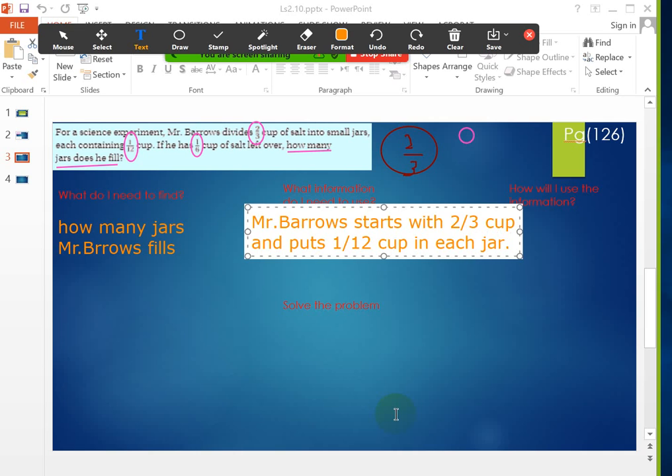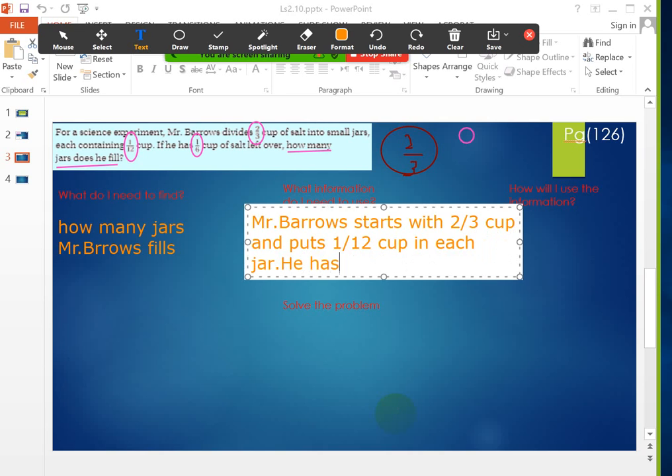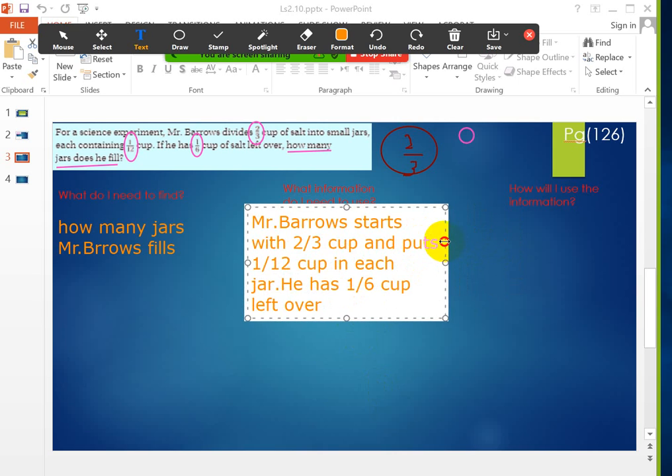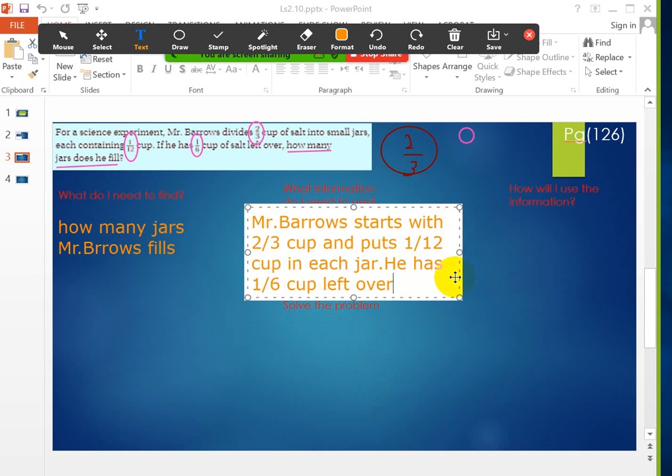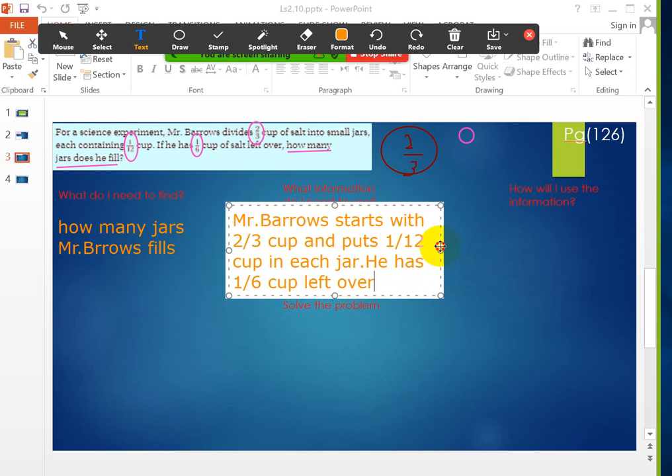And he has the amount left over. He has 1/6 cup left over. Okay, so I have to write the information in my problem.